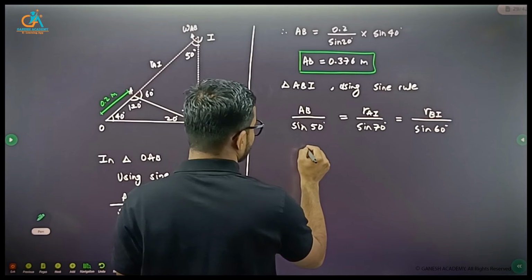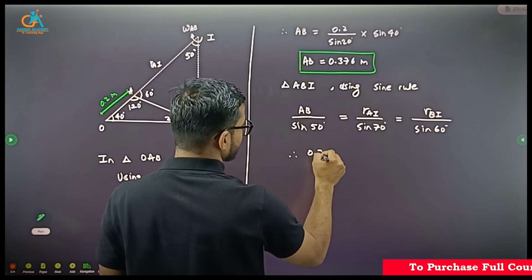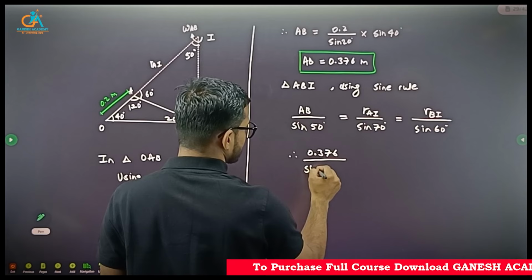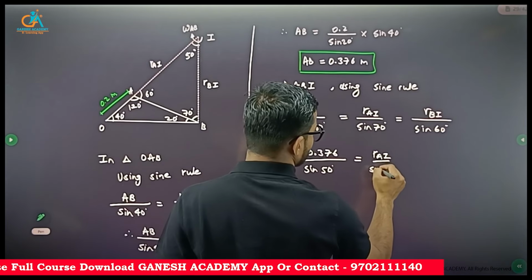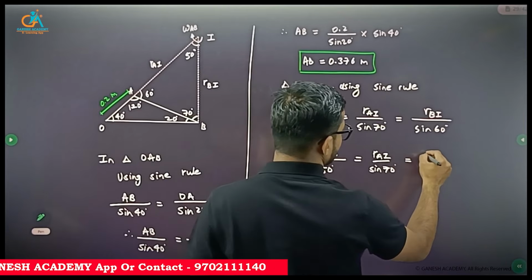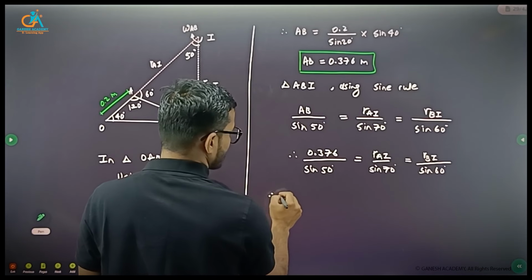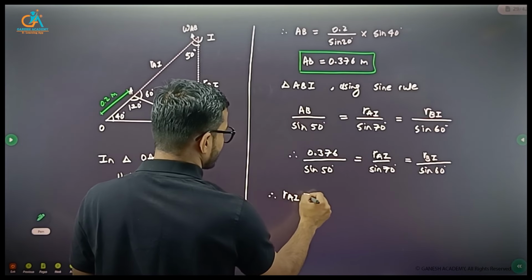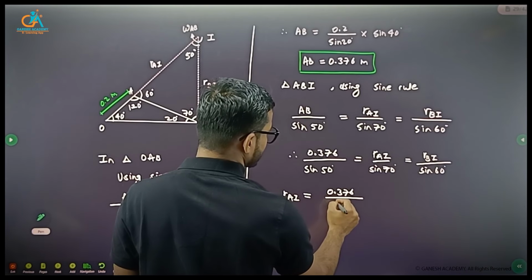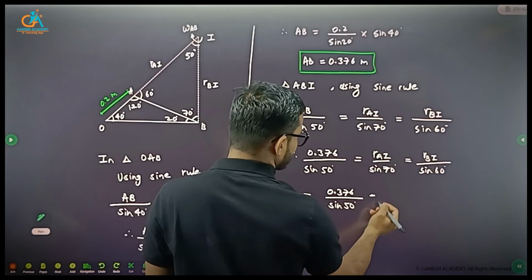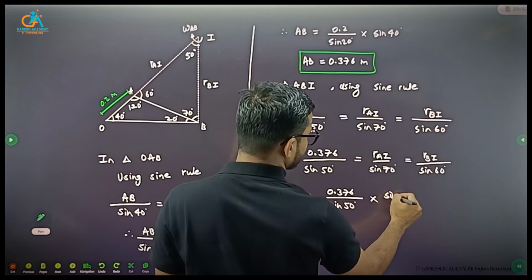So where AB is known, AB is 0.376. Now therefore RAI is equal to 0.376 divided by sine 50 into sine 70.